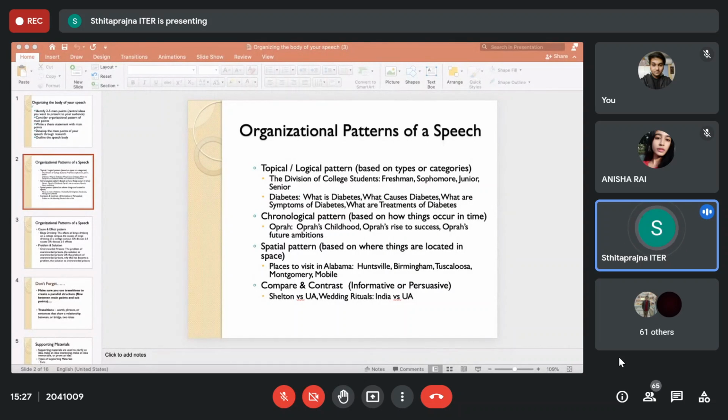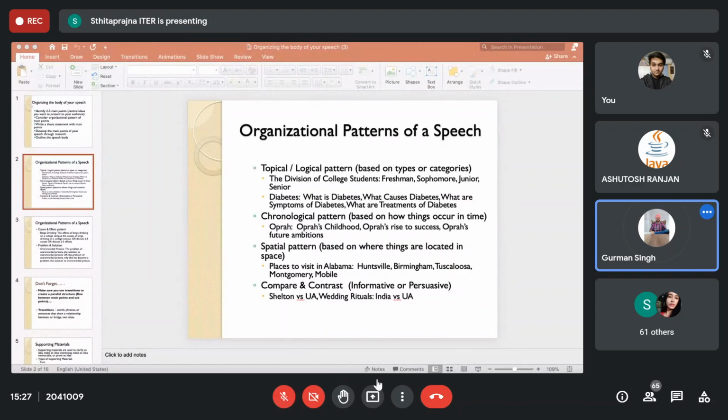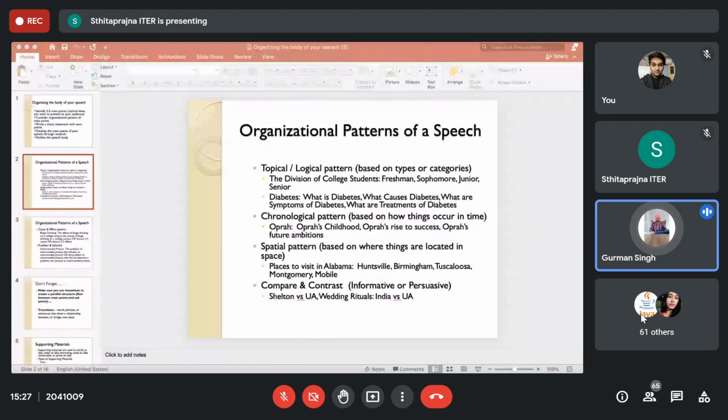Next is the spatial pattern. Who will read this? I'm reading. Please read. Spatial pattern based on where things are located in space.